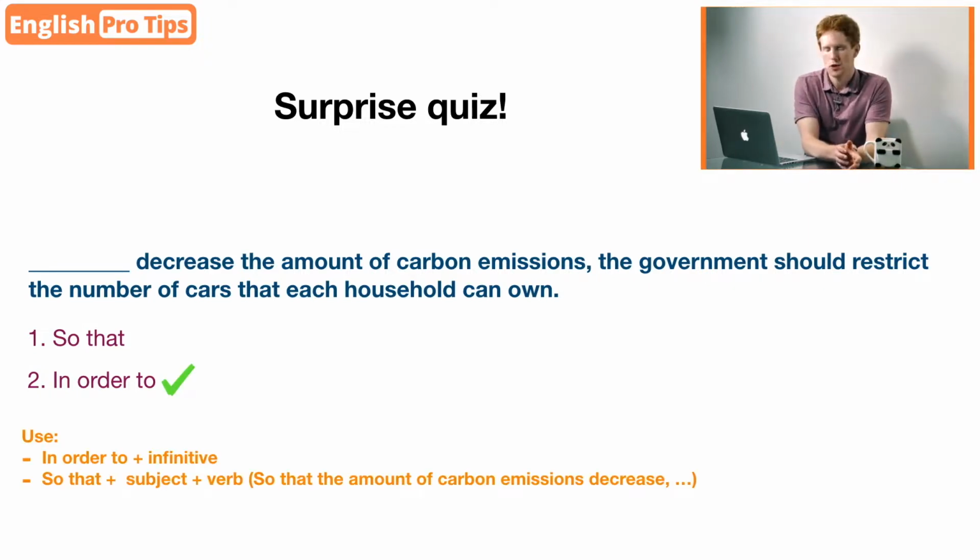We use in order to and then an infinitive, and that's what we see here. In order to decrease the amount of carbon emissions. But we use so that with a subject and a verb. So we could say, so that the amount of carbon emissions are decreased. Do you see how it means the same thing, but the way that we form the sentence is different depending on the word that we choose?